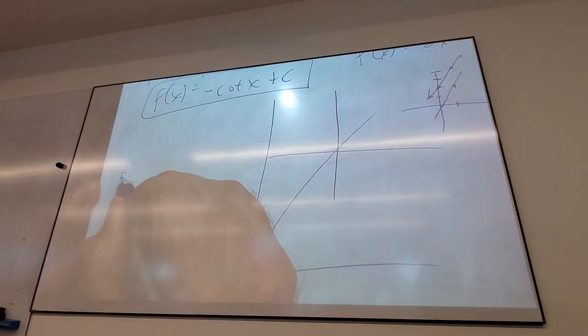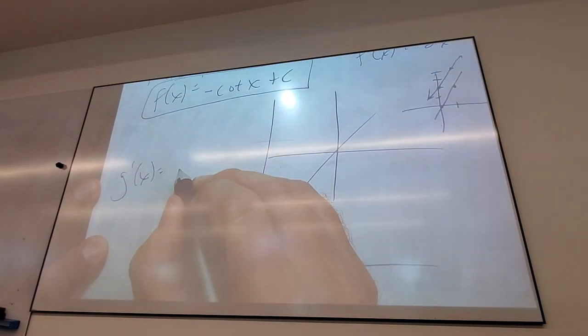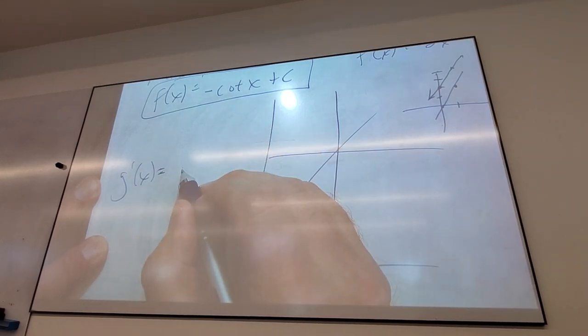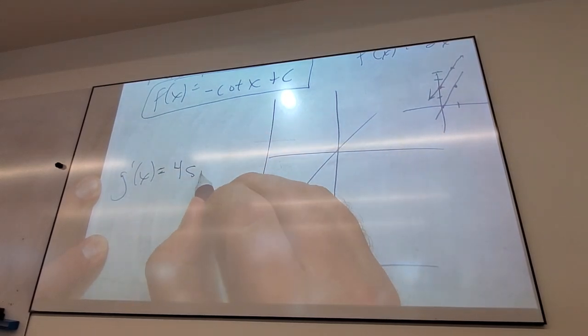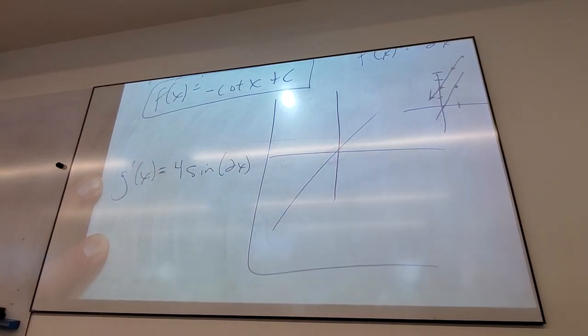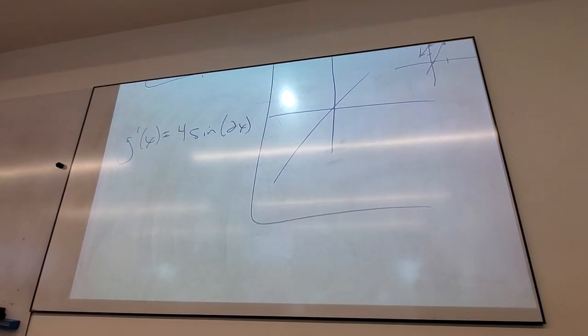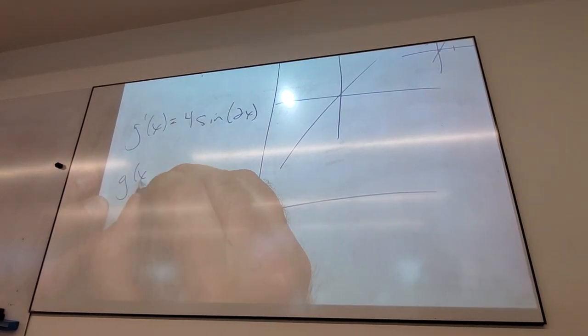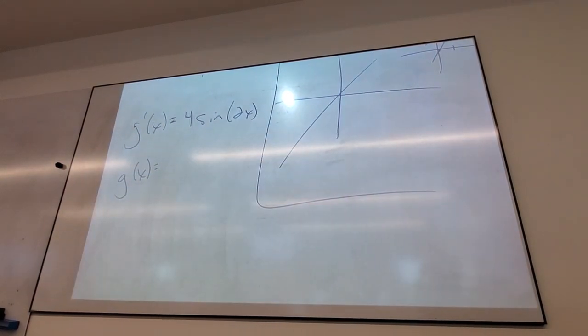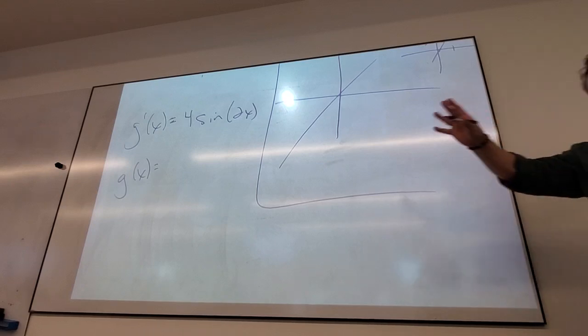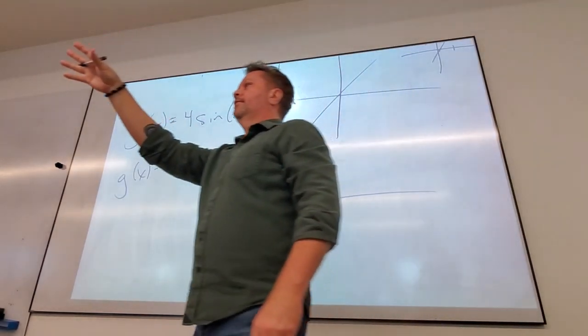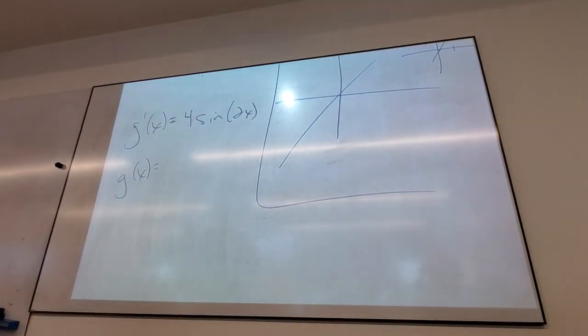So what if g prime was, let's say, 4 sine 2x? Let me help you guys out. Forget about the 4. Forget about the 2x. It's sine, correct? Where would it have come from?